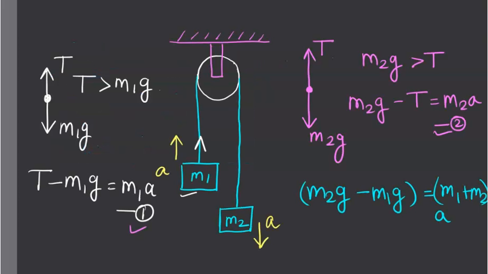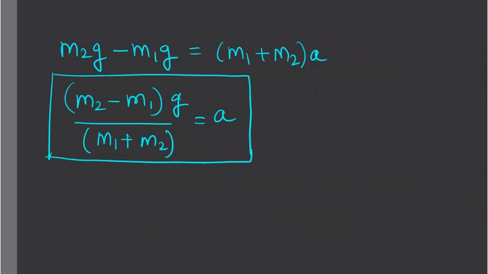Now what about the tension? Again, tension is easy to find out. Let's substitute the value of a in the first equation. The first equation says that T is equal to m1 times (g plus a).